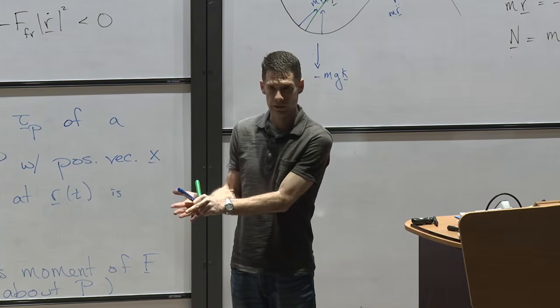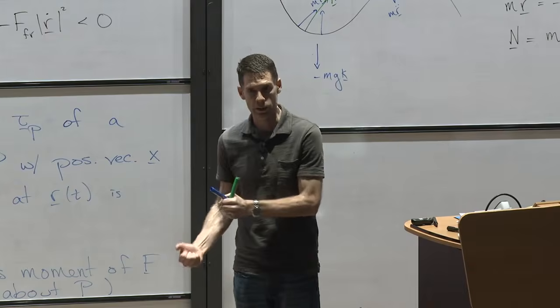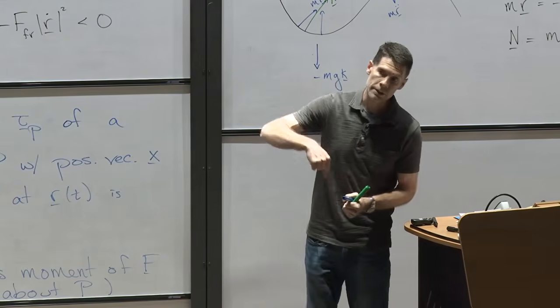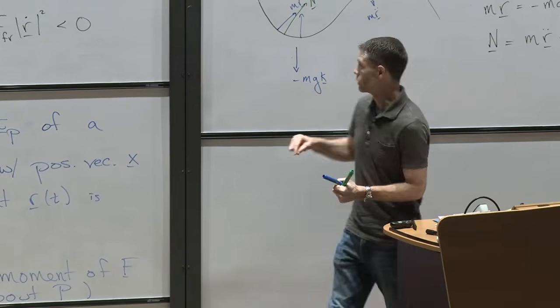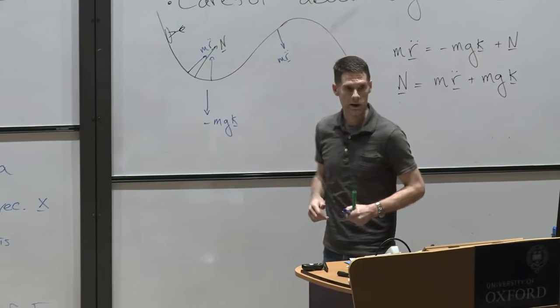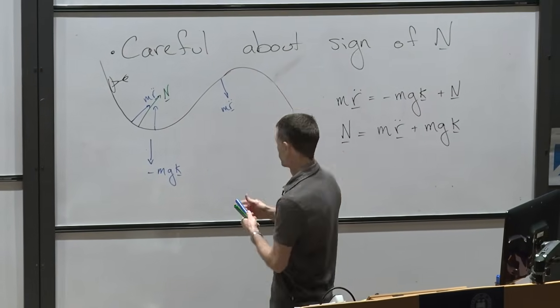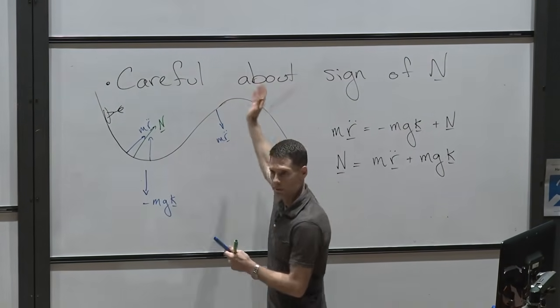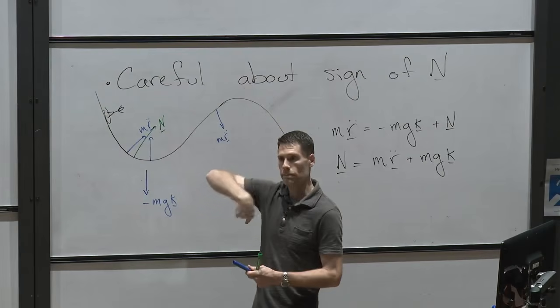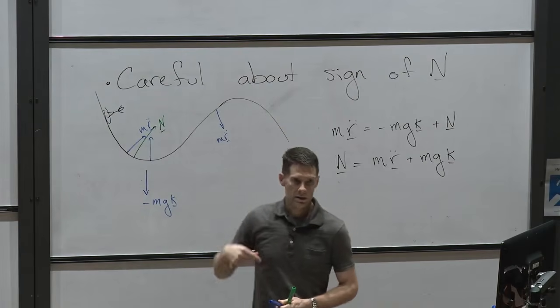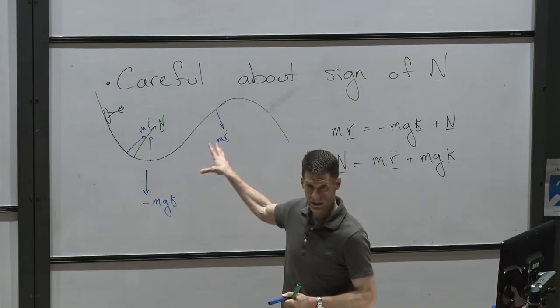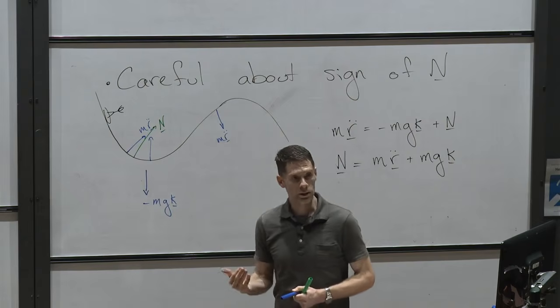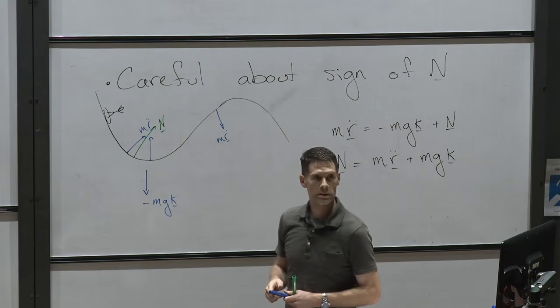Unless there's glue on the surface, it doesn't have that ability to pull you back down. So a flip in the sign of N signals that the snowboarder leaves the ground, right? So as long as N stays pointing up, we stay on the hill. If N flips sign to pointing down, you can still do the maths, but it no longer makes sense. The surface is grabbing you instead of pushing on you. You leave the ground. Okay?